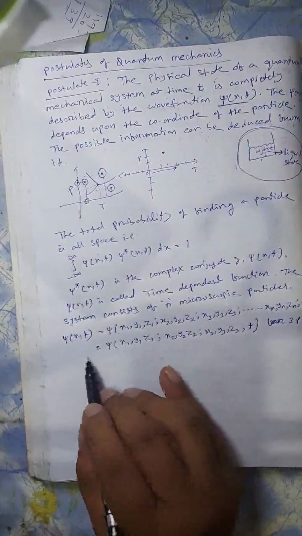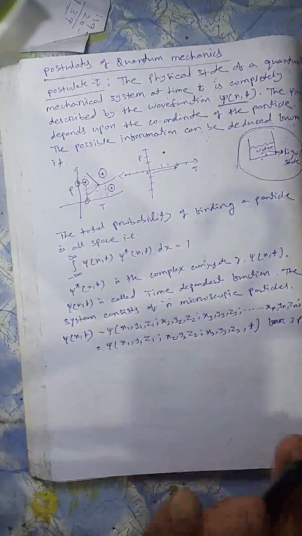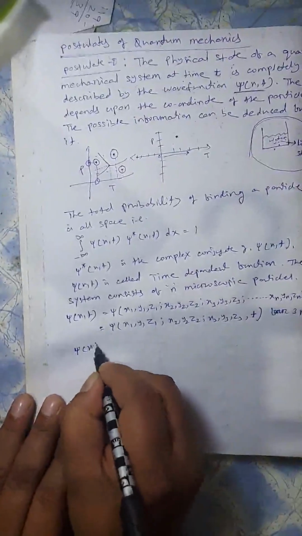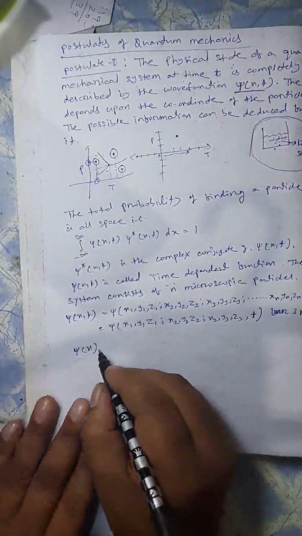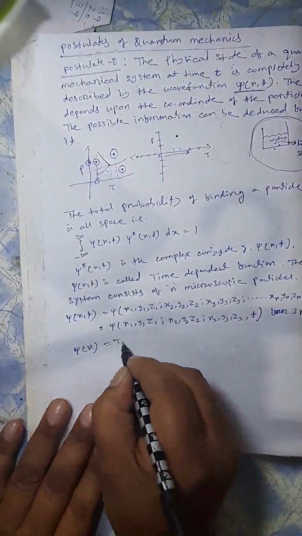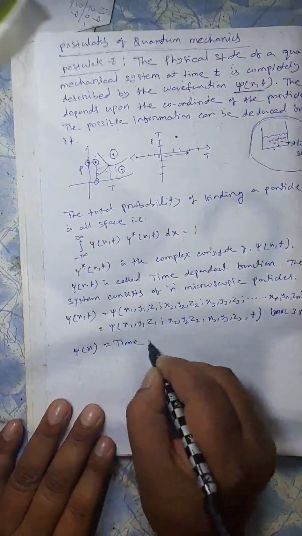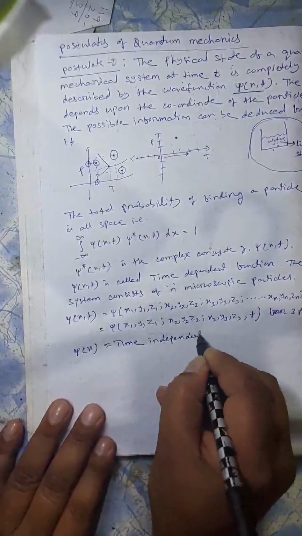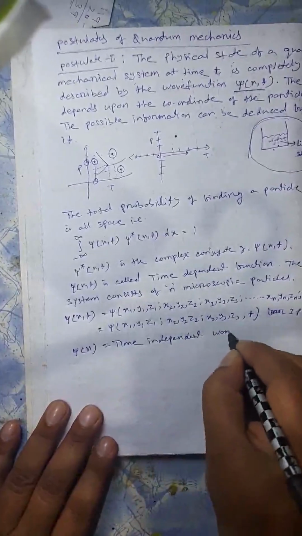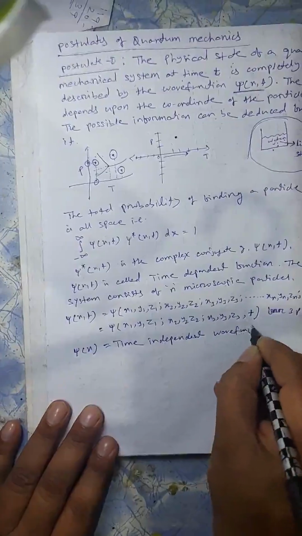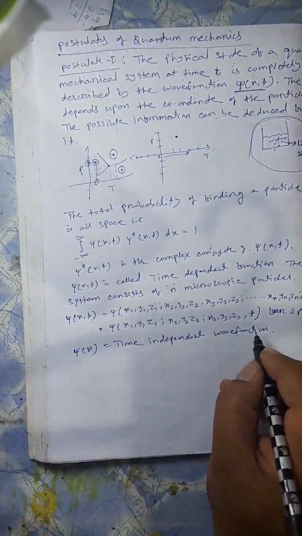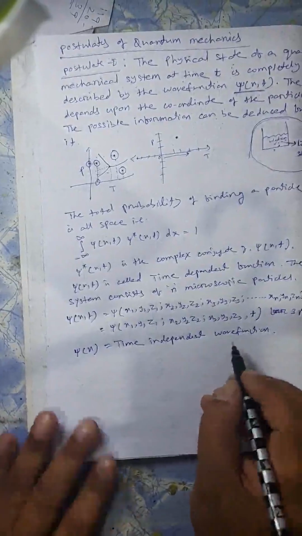Schrödinger wave equation. If I write only psi(x), without t, we call it a time independent wave function. T will not be there.